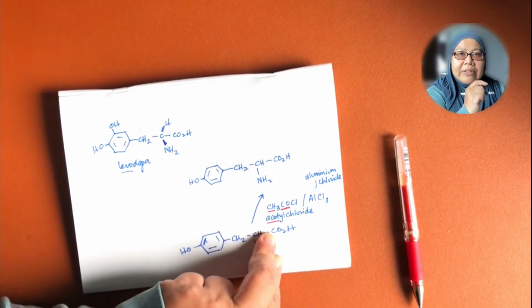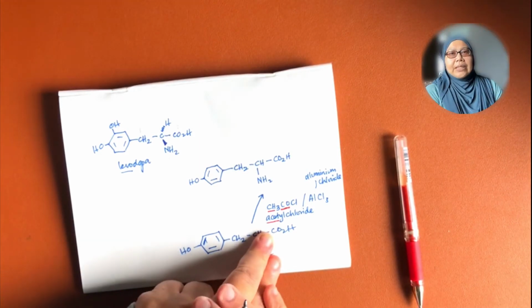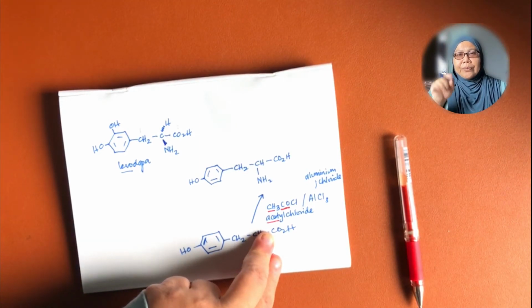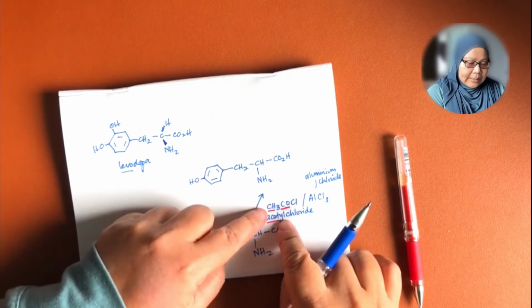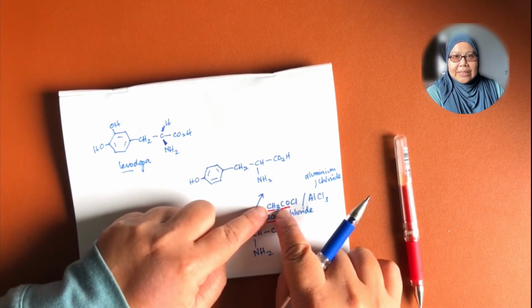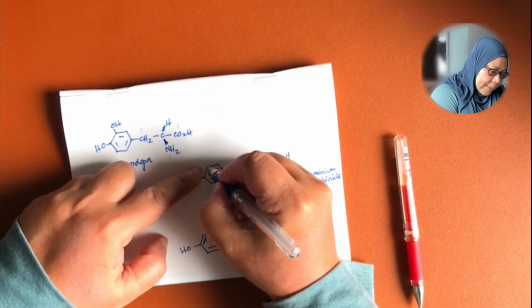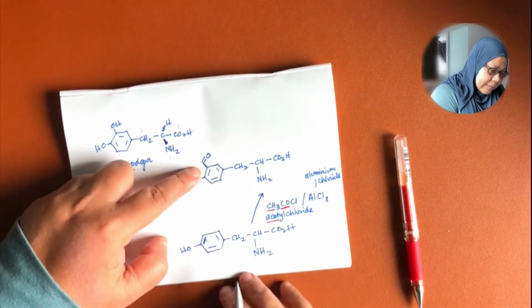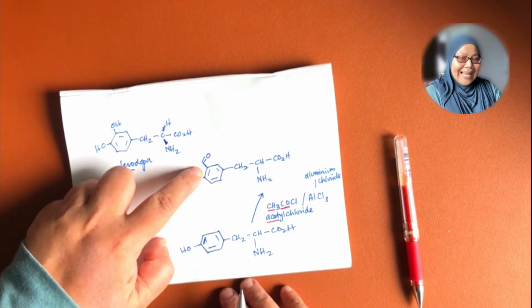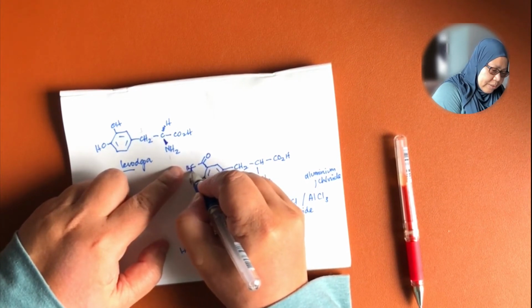But if you compare with the first video, where you had the acetylation of the OH group of salicylic acid, the difference here is that this acetyl group is added to an aromatic ring. So what we have here is the carbonyl, the acyl group, and then the CH3.